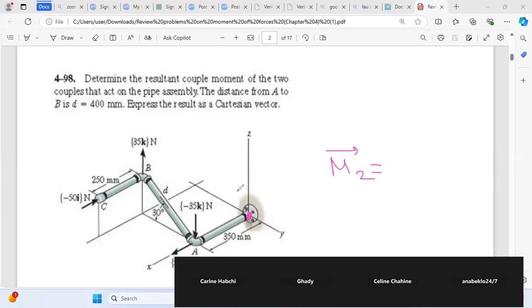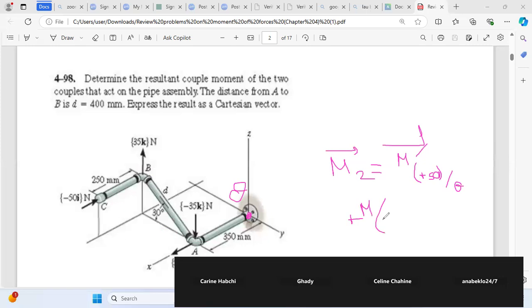I can consider point O, the origin of this frame, and say that couple M2 is equivalent to the moment of the plus 50 Newton force about O, plus the moment of the minus 50 Newton force about O. This is also an option.